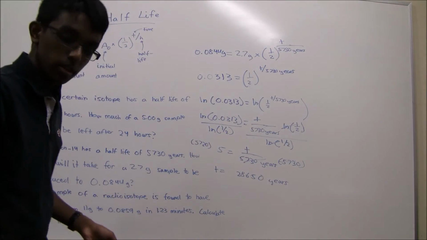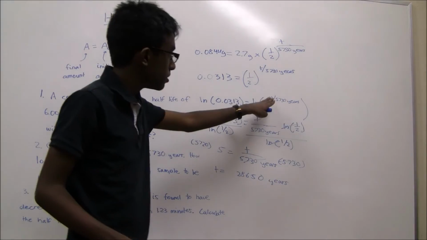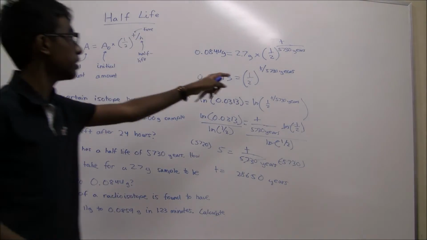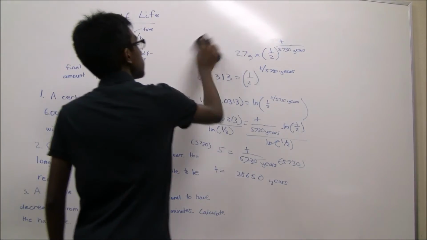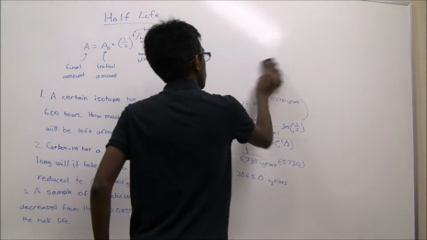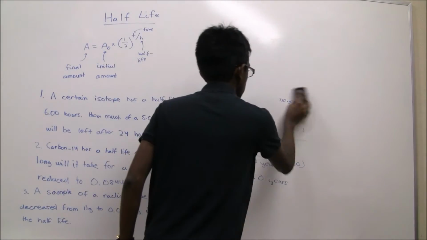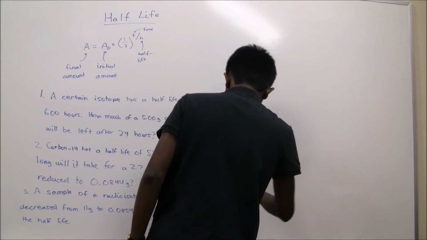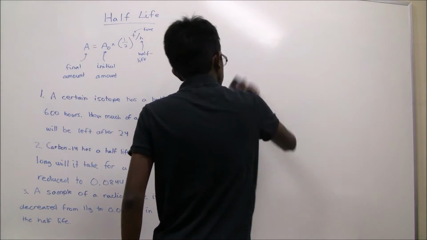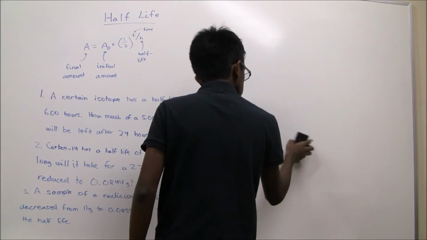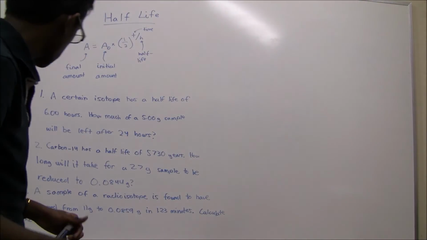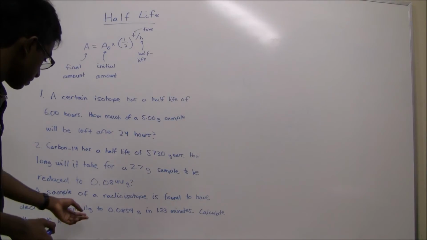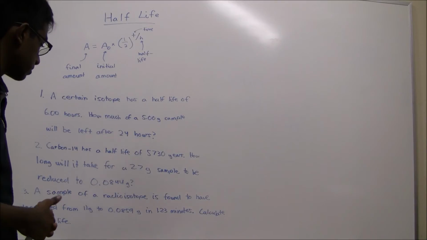Okay. Now, in this example, we found t. In the next example, we will be looking for the actual half-life, and we'll be given t. So let's look at this example. A sample of a radioisotope is found to have decreased from 11 grams to 0.0859 grams in 1.23 minutes.